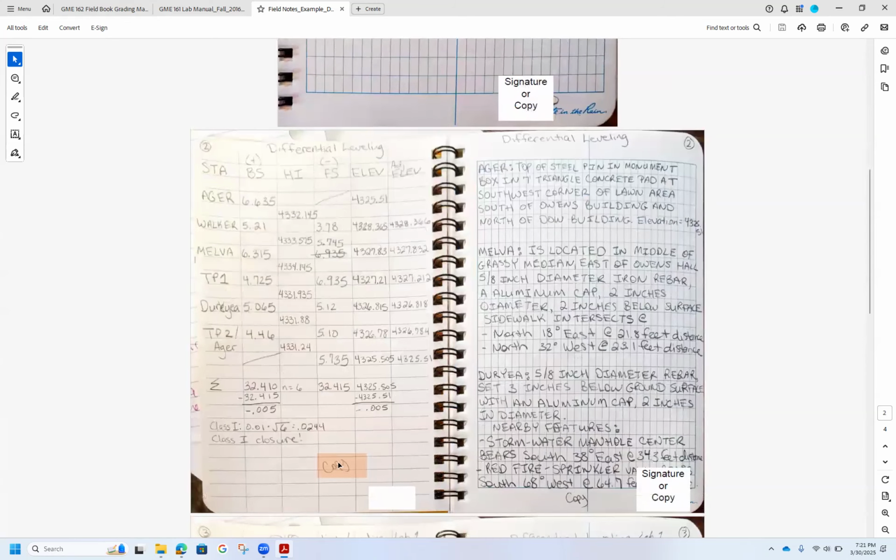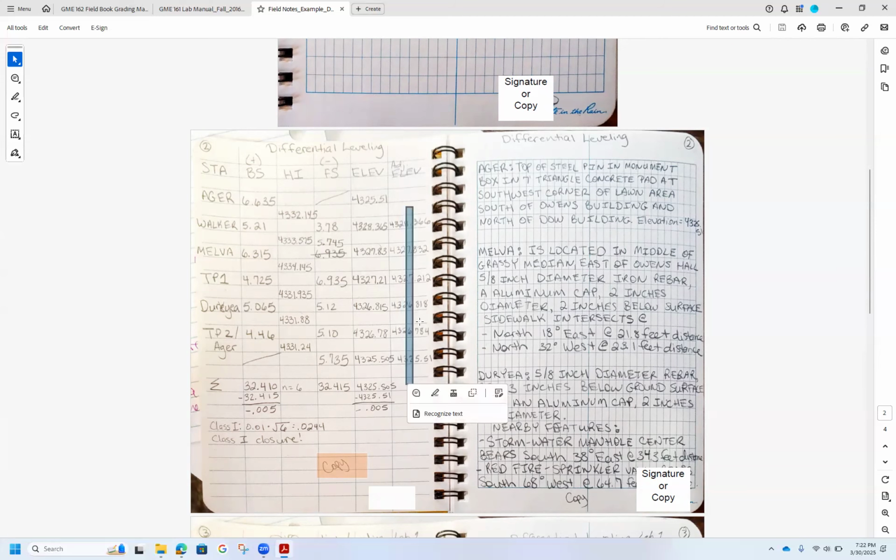Right here they put down this is a copy. Here's a setup for differential leveling. You have your station, like we did in GME 161: backsight, HI, foresight, elevation, and adjusted elevation. These guys did not do the adjusted elevation, which they should have.